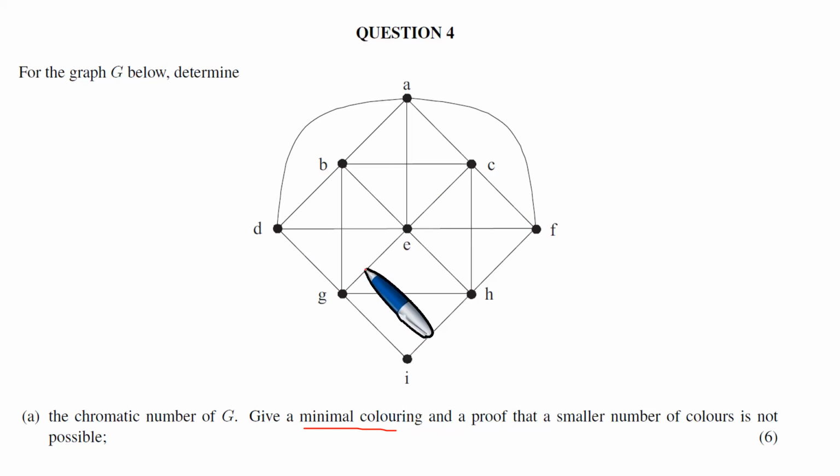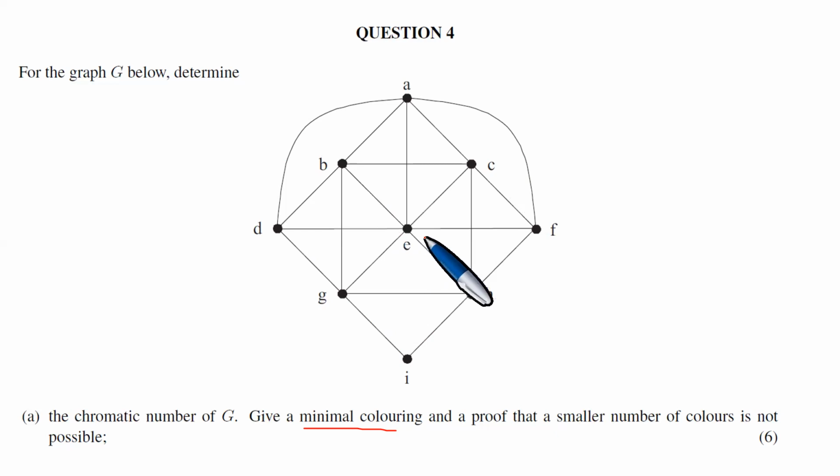If you look at vertices A, B, C, E, this one is actually a complete graph on 4 vertices, because there are no other edges that are missing in this graph. There's an edge there, there's an edge there, so it's a complete graph on 4 vertices.